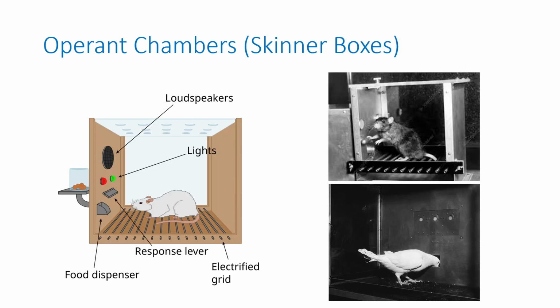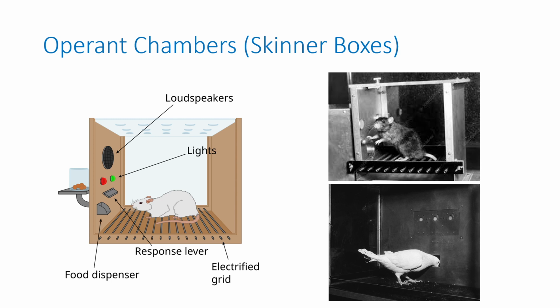The way that B.F. Skinner developed his theories was using a device known as an operant chamber. Some people call them Skinner boxes. My understanding is that he really hated that name for them, but people often use that term. Basically, he used either rats or pigeons for most of his research, and he would have a way for them to elicit a response that would allow them to get some type of stimulus back, usually a food reward.